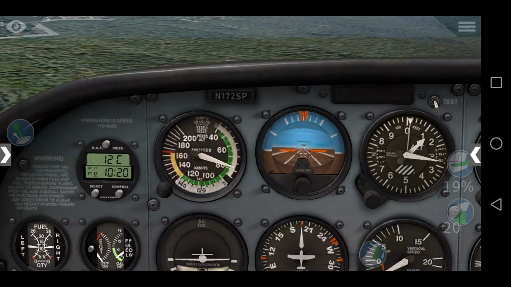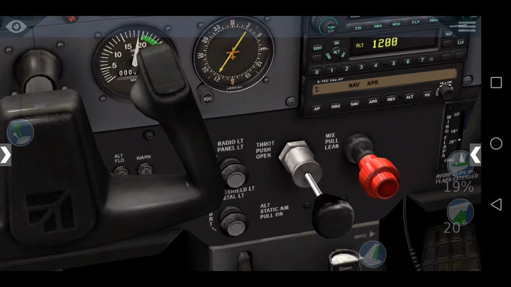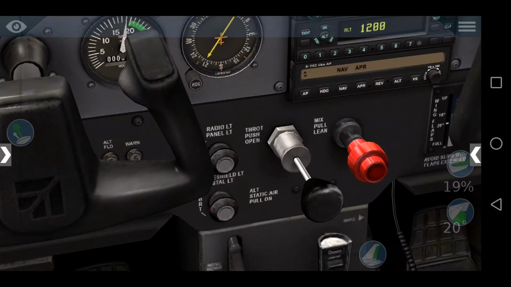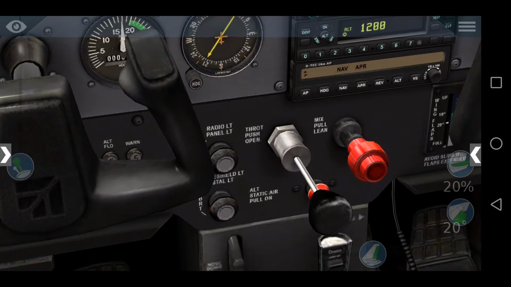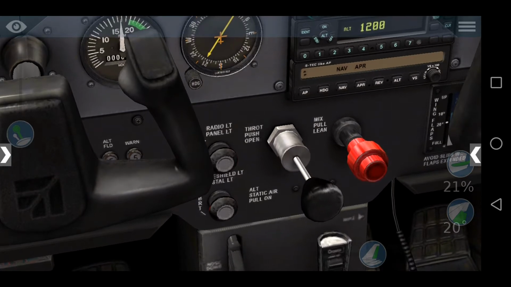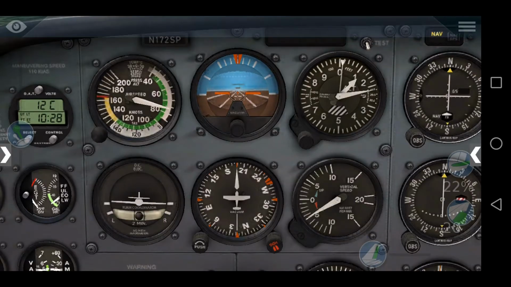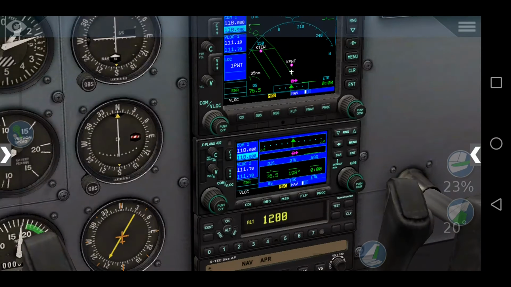We're currently almost at 80 knots, so I'm just going to reduce power slightly. Alright, there we go. That should give us about 70 knots. We're at 76.4 knots, and that's before landing checklist complete.